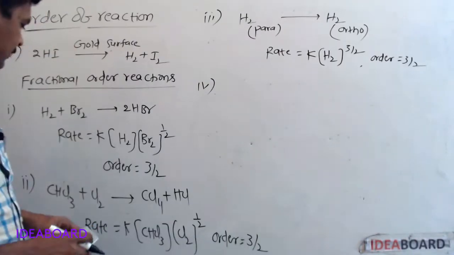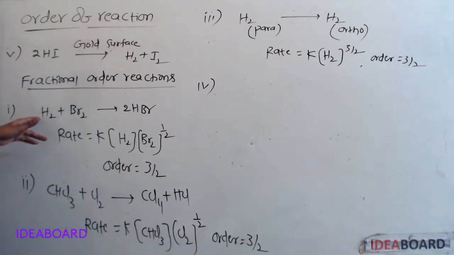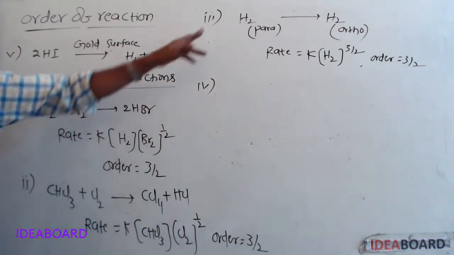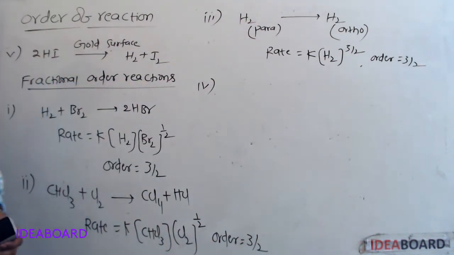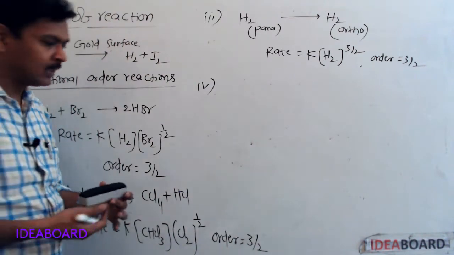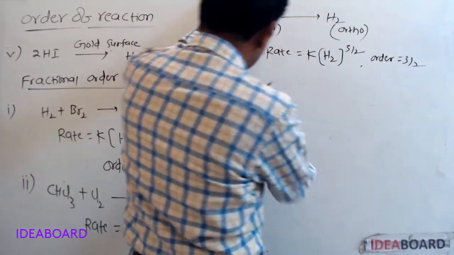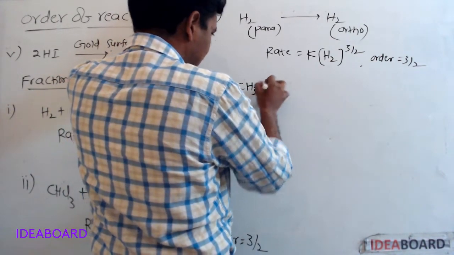Next one, hydrogen plus bromine, chloroform on reaction with chlorine, conversion of parahydrogen into orthohydrogen. Next one, decomposition of acetaldehyde.